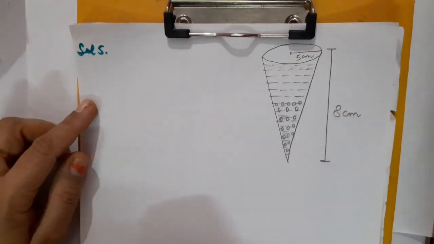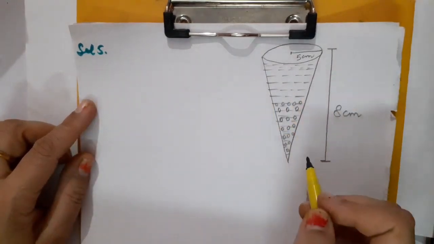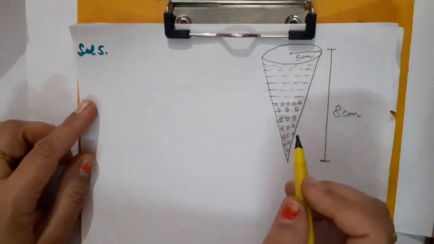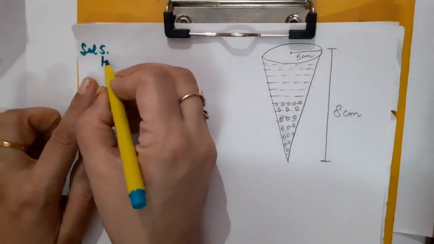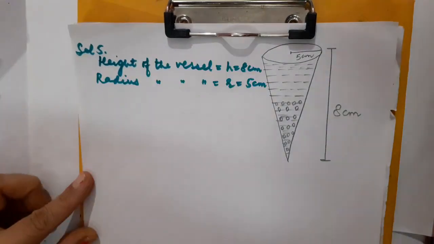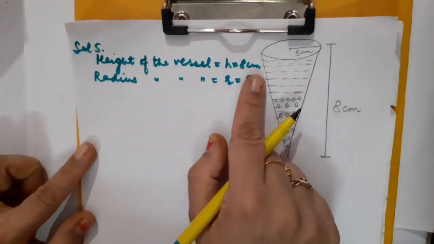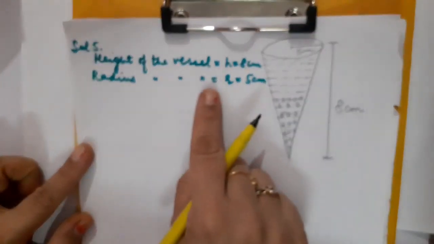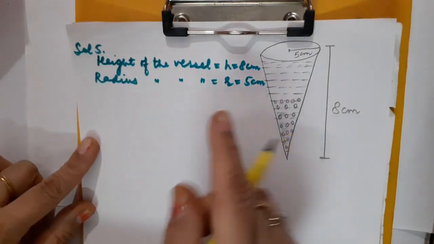So first of all, what is given to us in this question? We will be having the height and the radius of this conical vessel given to us. Okay. So let us write it. Height of the vessel I am going to represent by h, that is 8 centimeter, and radius of the vessel I am representing it by r, that is 5 centimeter. Correct?